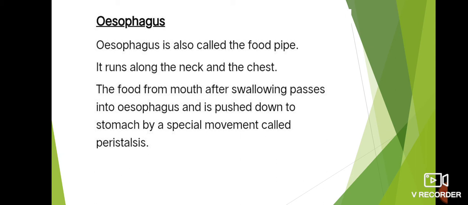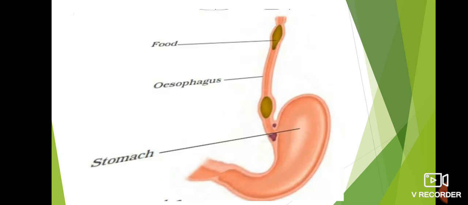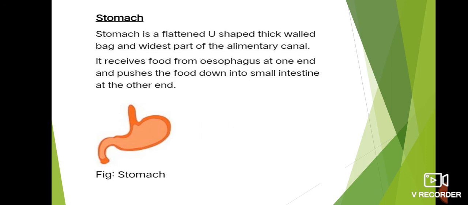This peristaltic movement takes place throughout the alimentary canal, which pushes the food in a downward direction. At some times, the stomach is not ready to take up food, causing vomiting, where food is expelled from the esophagus to the mouth by reverse peristaltic movement. This is the image of the esophagus.